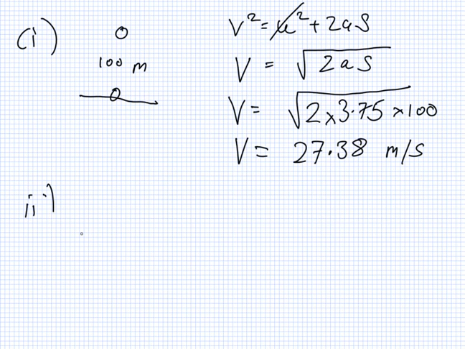Now part 2, we then say that this mass hits the surface and it penetrates a distance of 0.265 meters and its mass is 5.32. Determine the average retarding force acting on the probe.